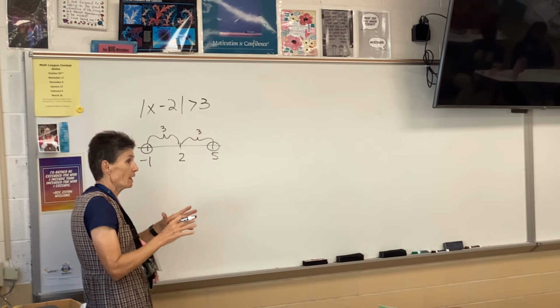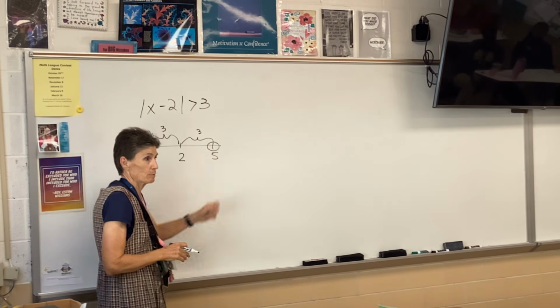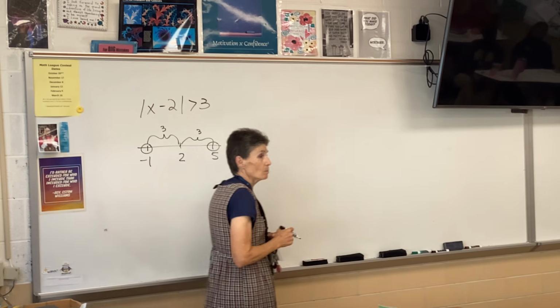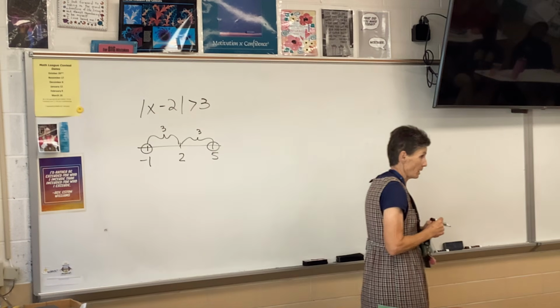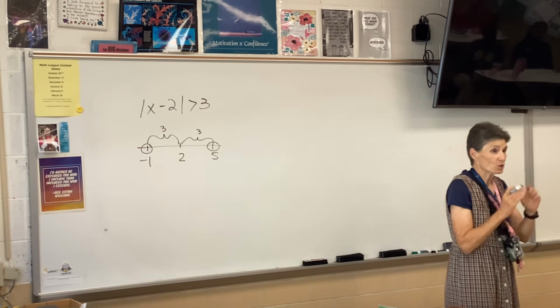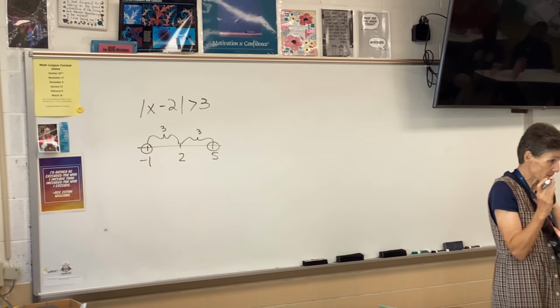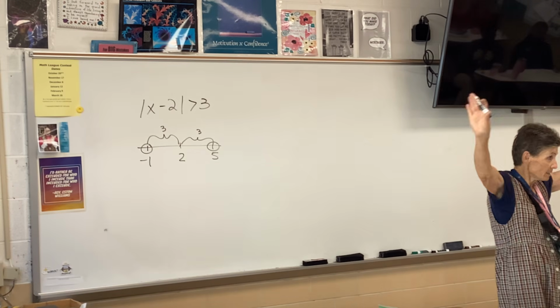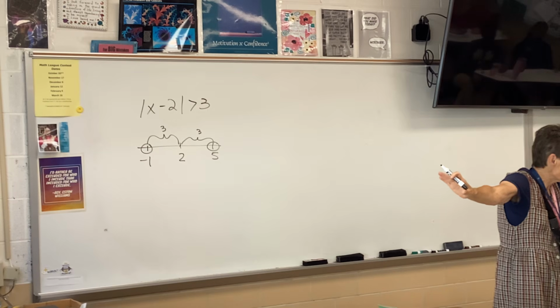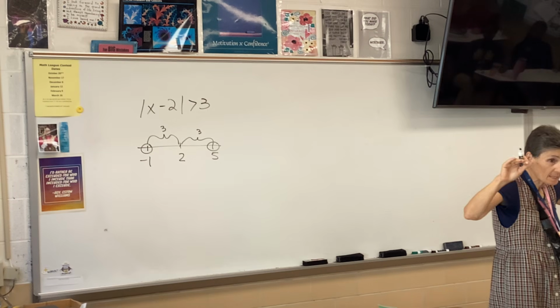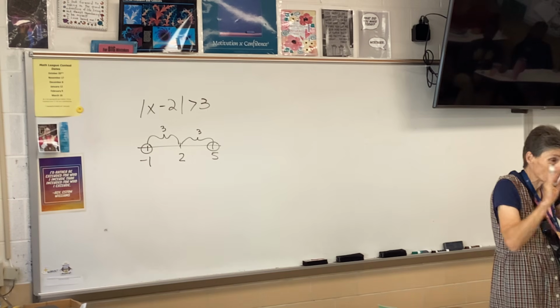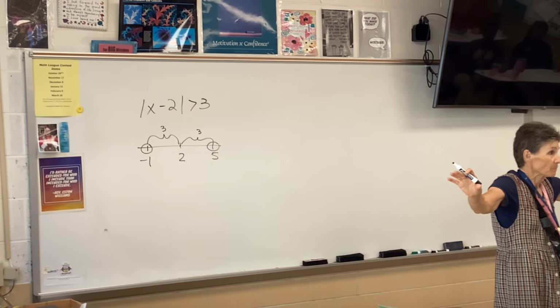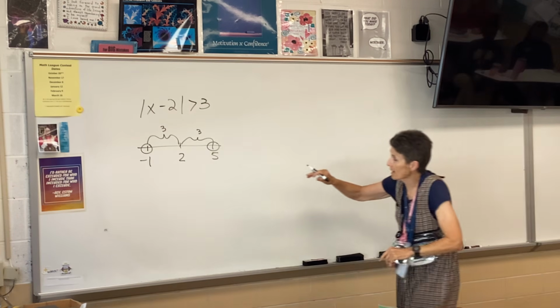So I have a number line and I have 2 dots on my number line. When you have 2 dots, you're either going to shade in between the 2 dots or you're going to shade outside of the dots. Do you have any idea how you tell whether you shade in between or outside? It has to do with this sign right here.